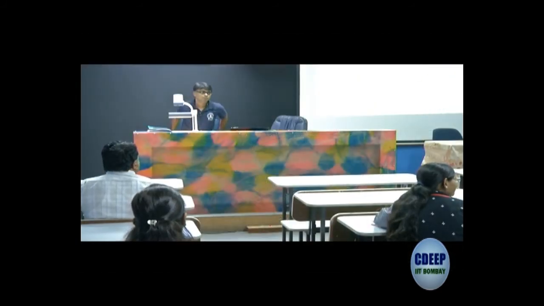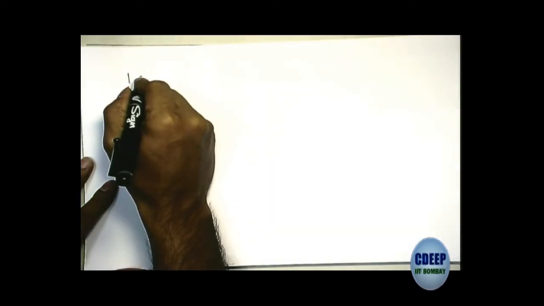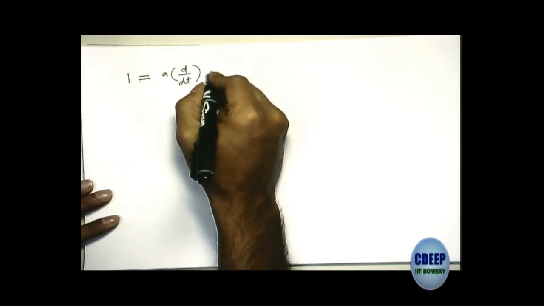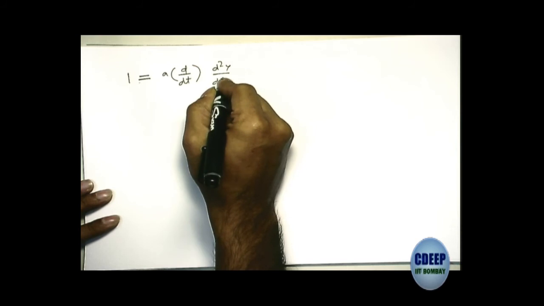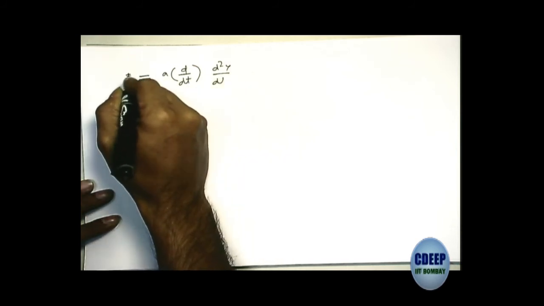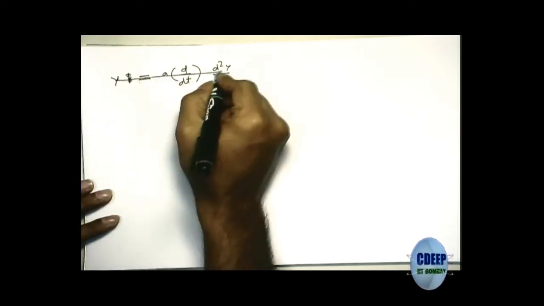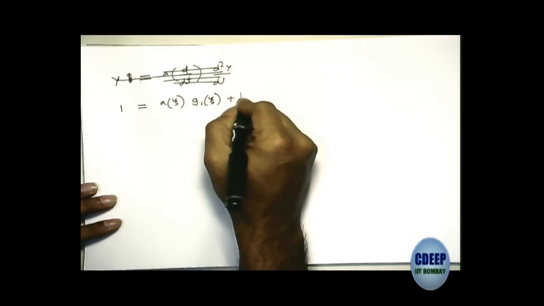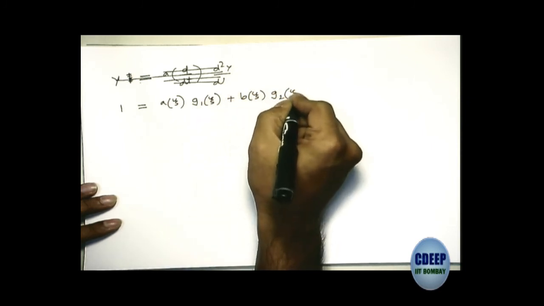Another direct way of doing this is, once you are done with the GCD computation, which happens to be just 1, then by the Aryabhatta-Bezout identity you can write 1 as equal to some a(xi) g1(xi) plus b(xi) g2(xi).